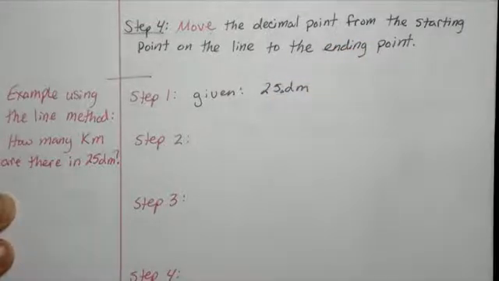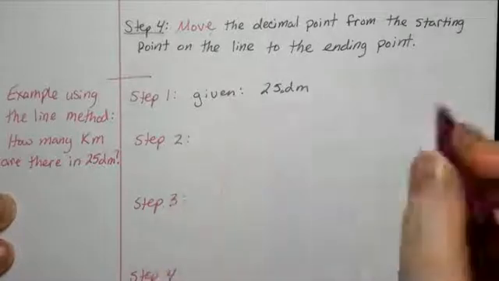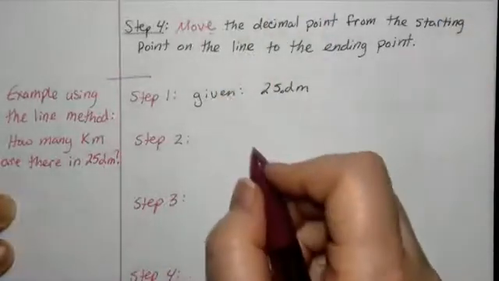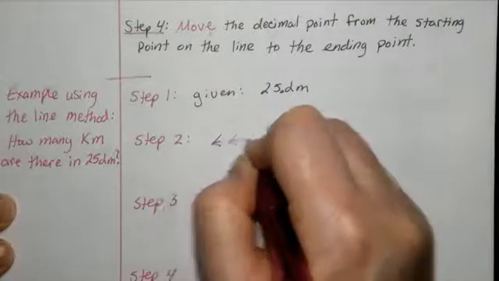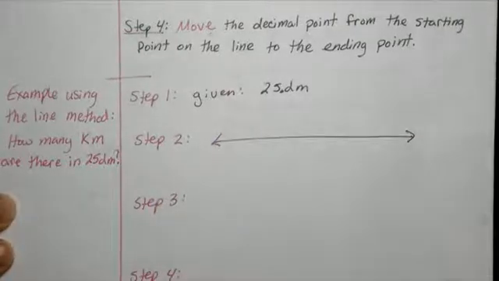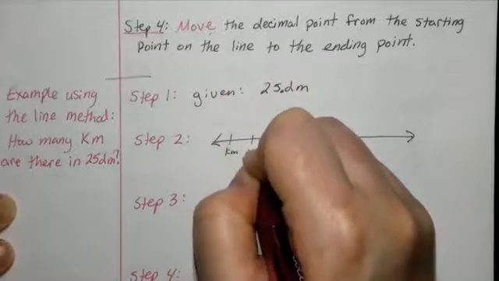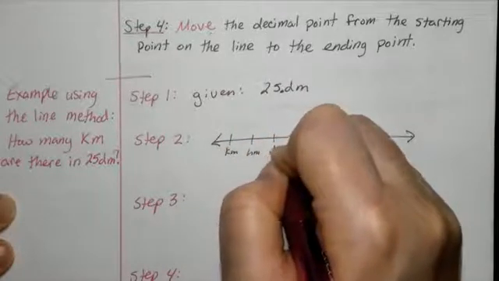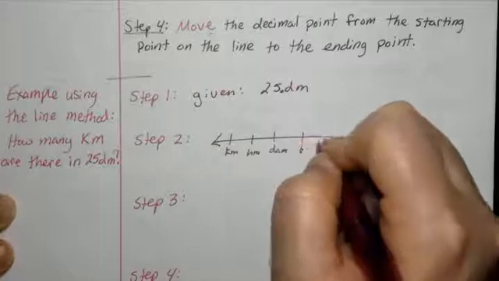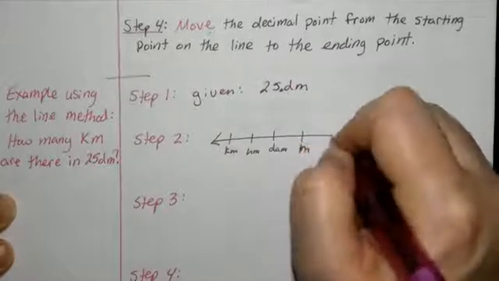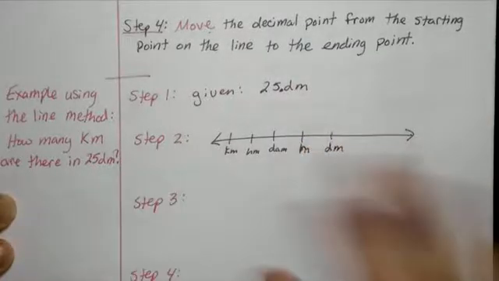So the next step is to locate that on the line chart. So I'm just going to quickly draw a little line chart. I have km, hm, dam, base, or just m, dm. Okay, so I'm just going to put those in there.